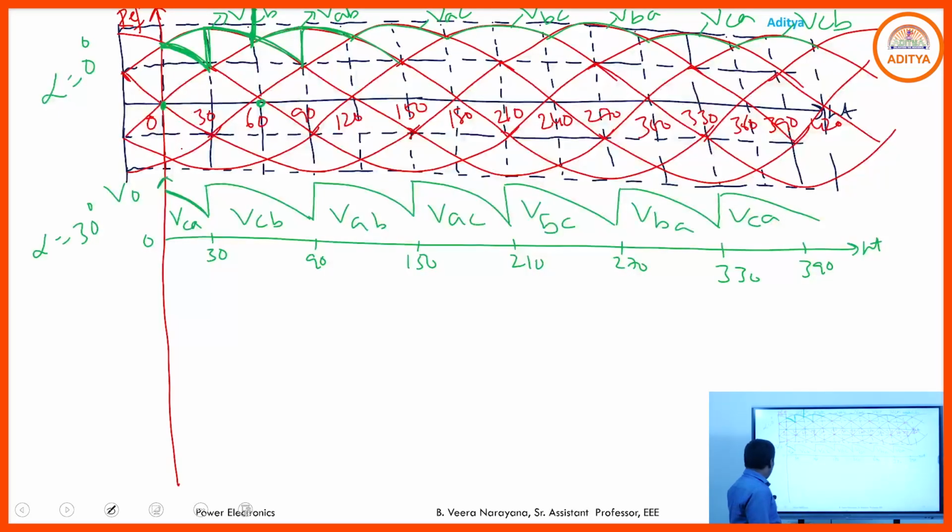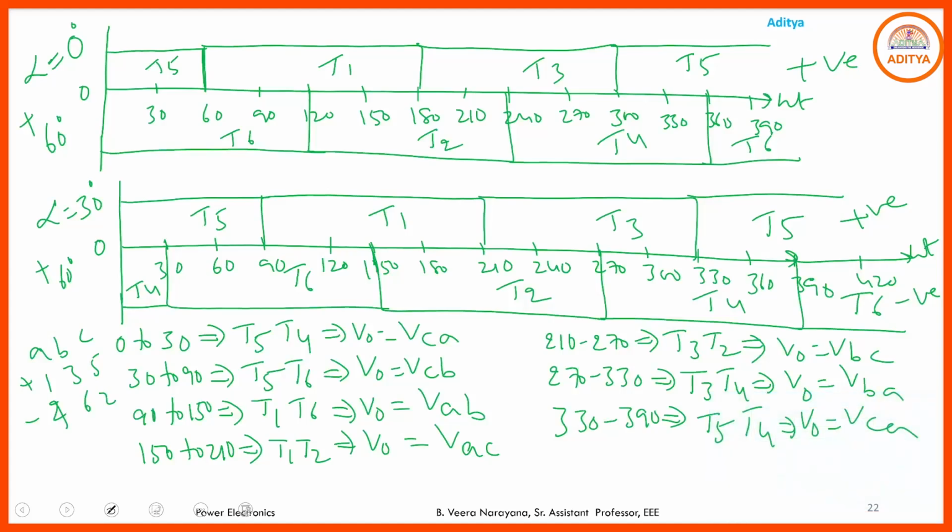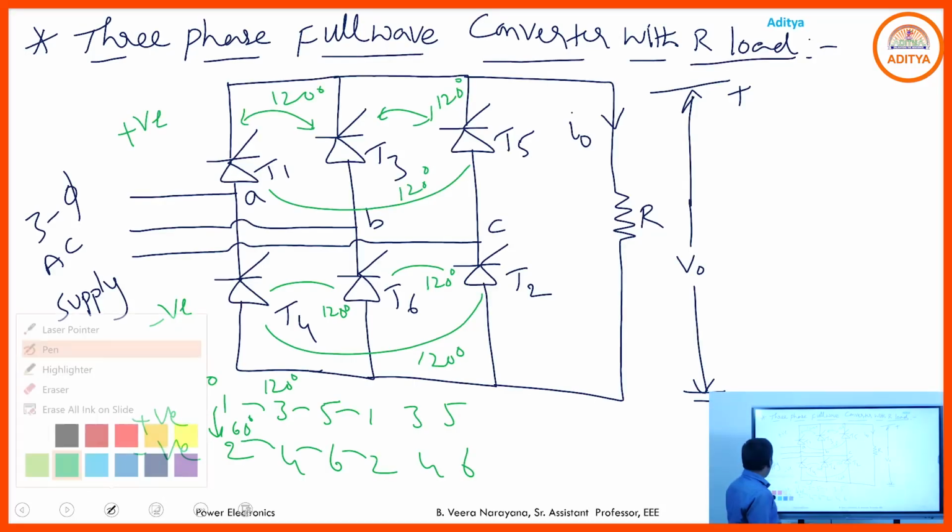VCA means which SCRs will be in the on state? T5, T4.